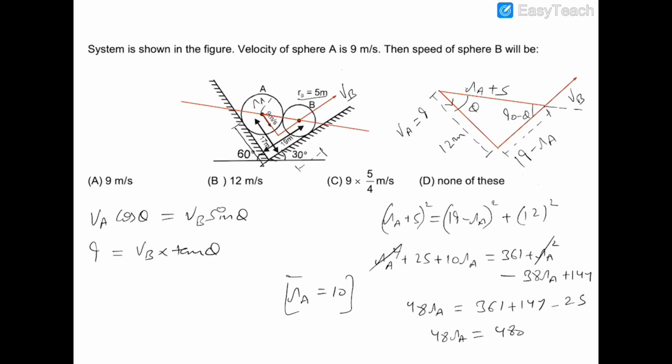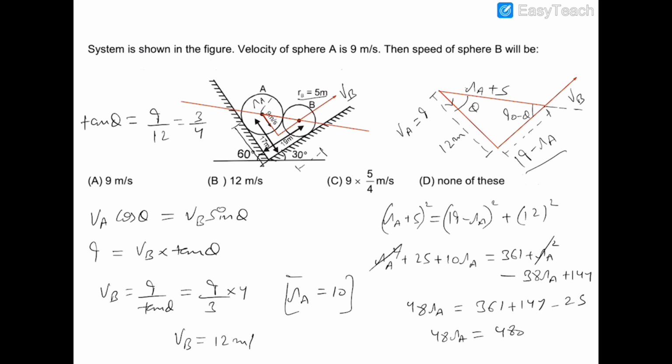Now the value of tan theta is perpendicular upon base, so VB will be equal to 9 upon tan theta. Now for tan theta, perpendicular is 19 minus RA, and RA is 10, so it is 9, and base is 12, so 9 upon 12 is 3 upon 4. And 9 upon 3 upon 4, so VB will come out to be 12 meters per second. So the correct answer will be option B.